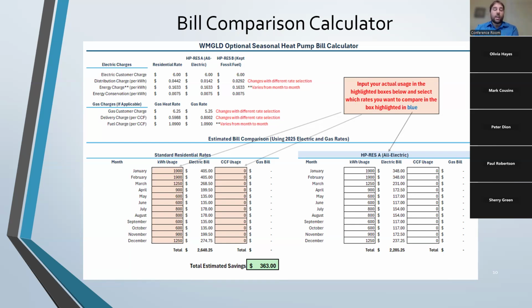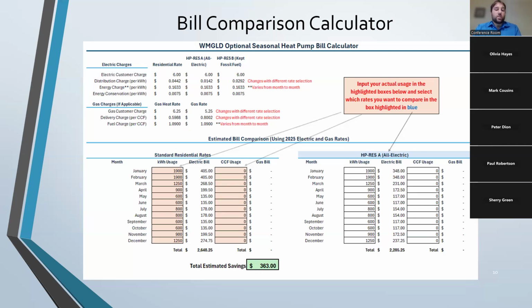And then it will mirror that usage over on the right-hand side, and there's a drop-down menu in that blue highlighted column, the row that says HP Res A. There's a drop down where you can switch it to HP Res B, and then it will update the calculations.